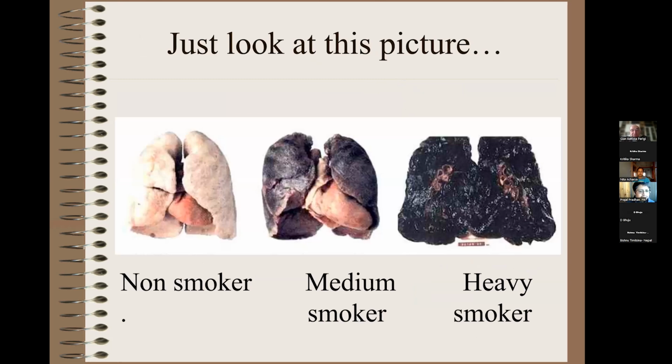These are autopsies of lungs: an adult non-smoker's lung, a medium smoker's lung, and the heavy smoker's is no more a lung, it is a piece of coal. And therefore, here the cancer will develop for sure.